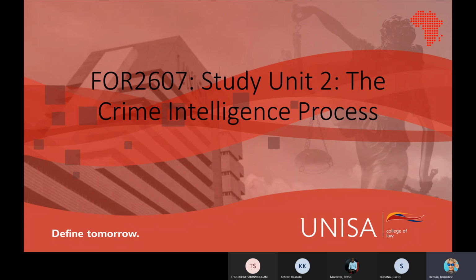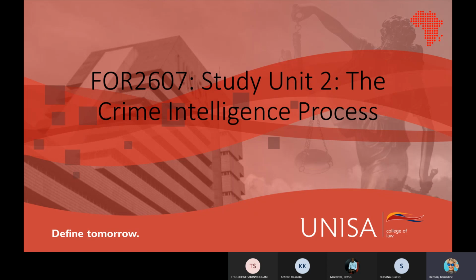We considered that tactical crime intelligence comes in 2 parts: proactive tactical crime intelligence and reactive tactical crime intelligence. We differentiated between these 3 types of crime intelligence, but we also acknowledged that you cannot compartmentalize them.